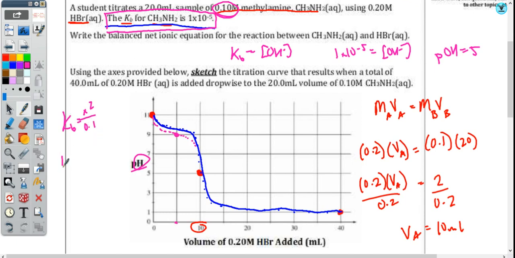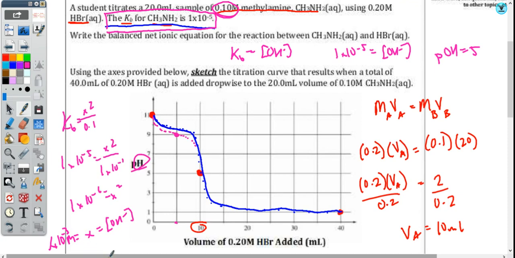Because I know Kb, so 1 times 10 to the minus 5 equals x squared over 1 times 10 to the minus 1. Then multiply these and get 1 times 10 to the minus 6 equals x squared, square root that. My hydroxide ion concentration initially is going to be 1 times 10 to the minus 3 molar, or pOH of 3.